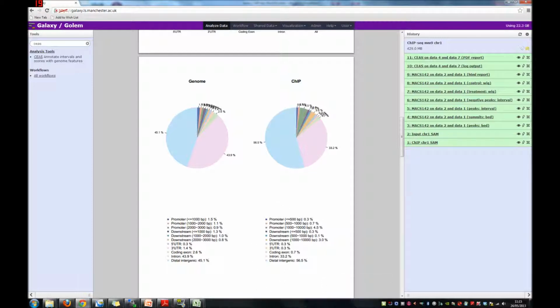And so again, this is the promoter divided into the areas we gave, different downstream areas which mirror our promoter setting, upstream, downstream, coding exons, introns, and distal intergenic regions, i.e. outside the 10,000 bases we defined as the promoter. And again, this compares it to what would be expected on the genome as a whole.